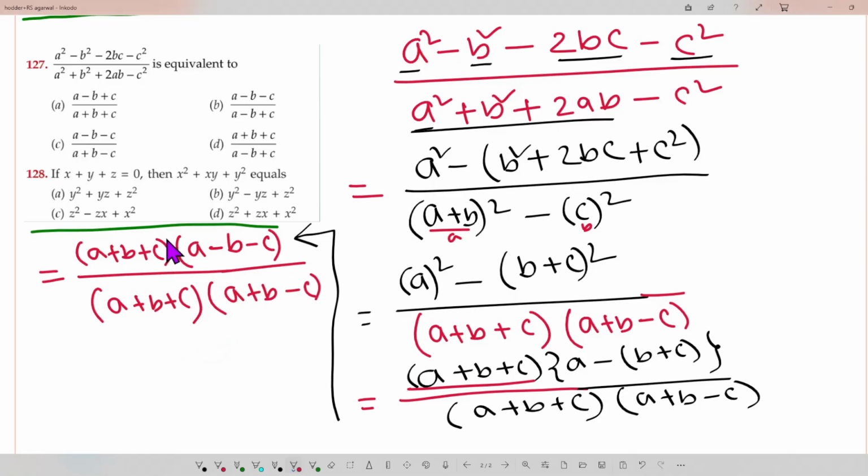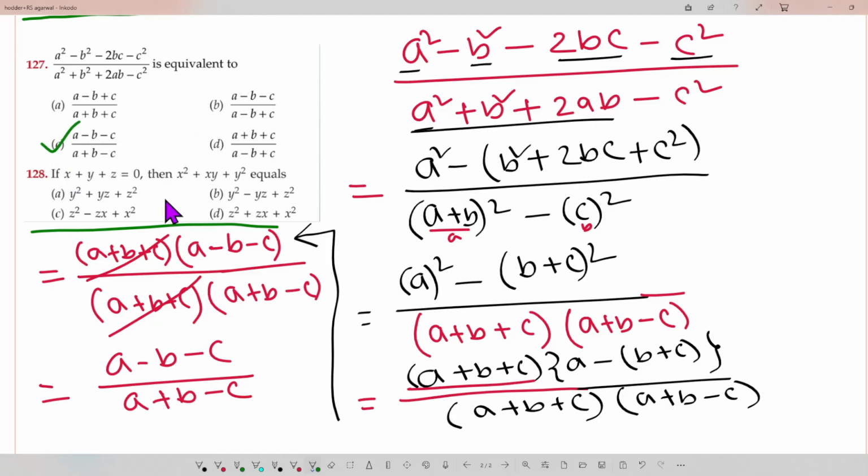So a plus b plus c divided by a plus b plus c cancels. The ultimate answer is a minus b minus c divided by a plus b minus c. Which one is our correct answer? Number C is our correct answer.